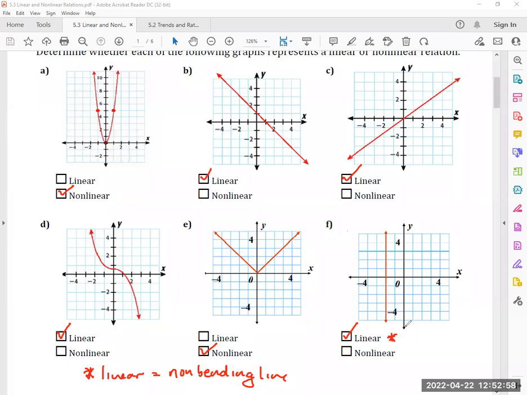It's special. And the question I want to ask you for this one is, if it's linear, how would you describe the rate of change or the trend? Is it increasing? Well, it's going up. Is it decreasing? What's going down?